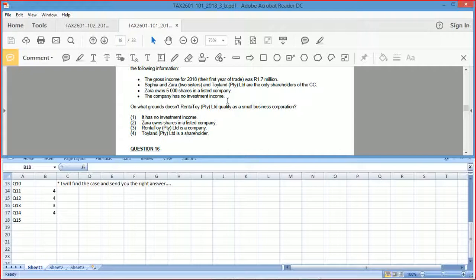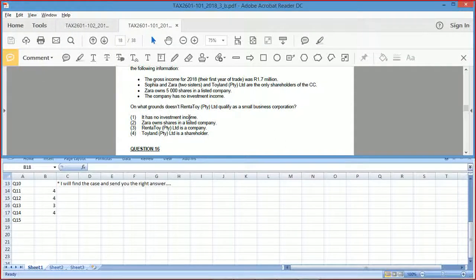The nice thing about that is you are considered to be a smaller business, and if that's the case, you actually get more benefits in terms of further deductions and allowances and all of that. You'll learn all about that later on. Yes, sir.